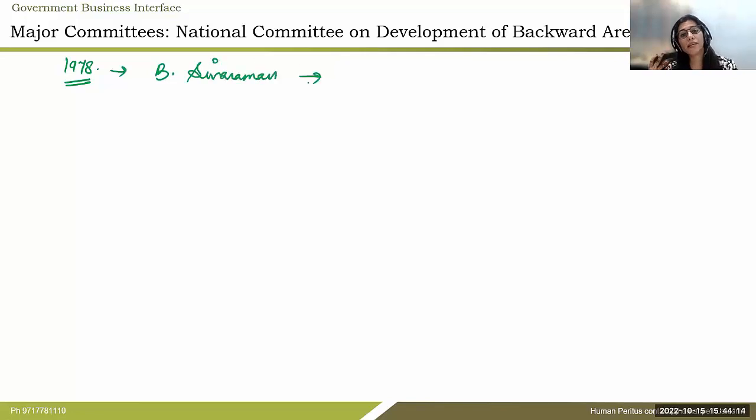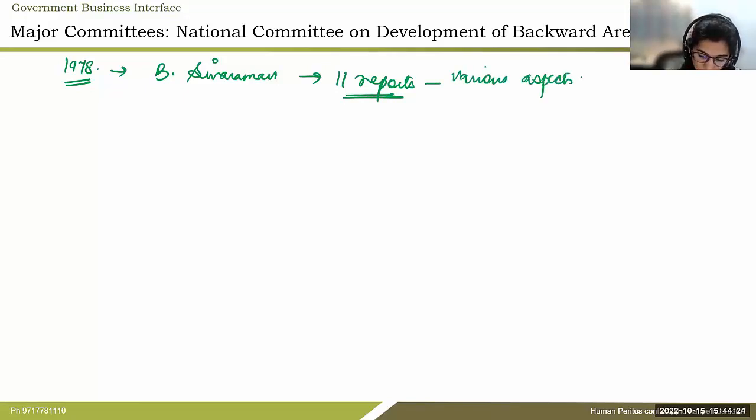Next one is the National Committee on Development of Backward Areas. This National Committee was set up in 1978 and the chairman was B. Sivaraman. It submitted its deliberations in 11 reports on various aspects of backwardness. All right. So what was its basic recommendation?